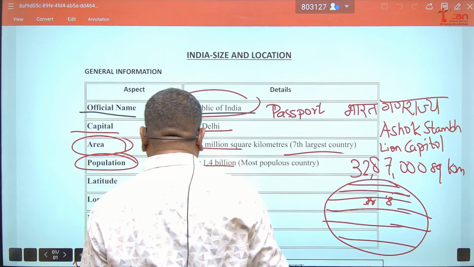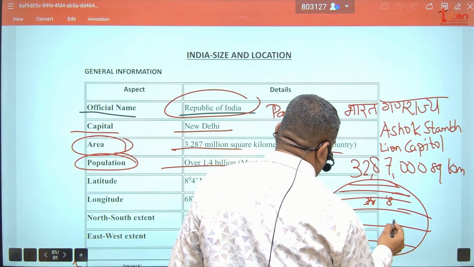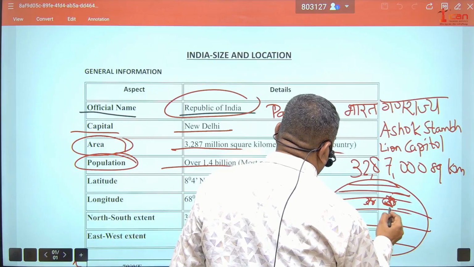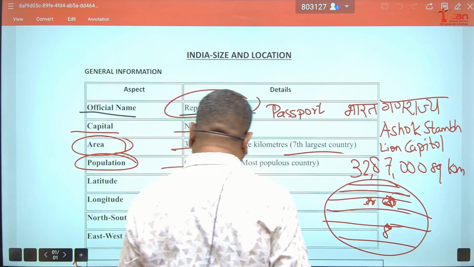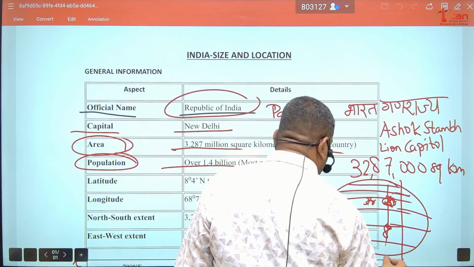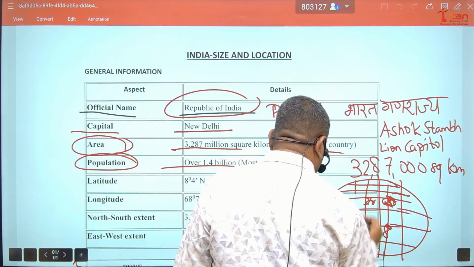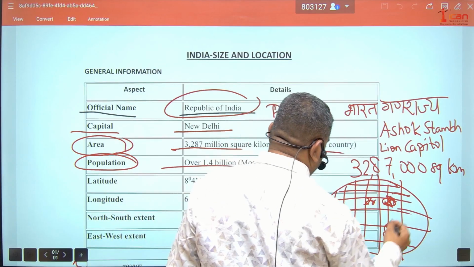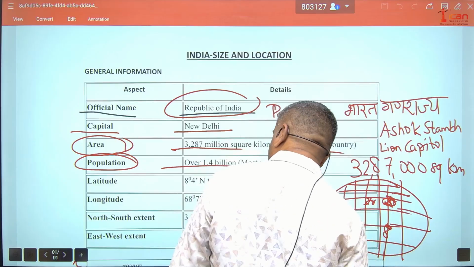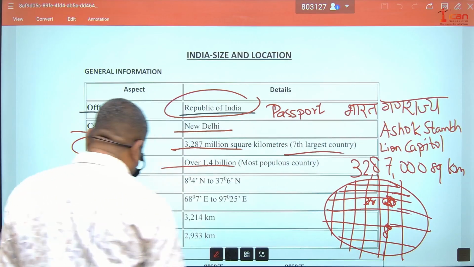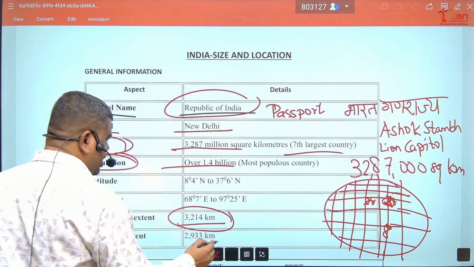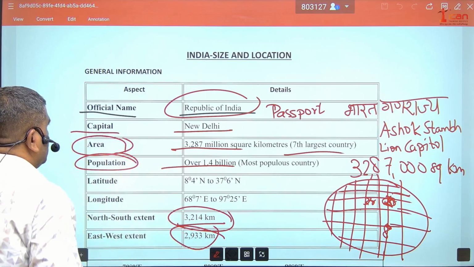Then what is the longitude? Longitudes are the vertical lines. Longitude we are at 68 degrees east to 97 degrees east. What is the north-south extent of the country? It's 3,214 kilometers. The east-west is 2,933 kilometers.